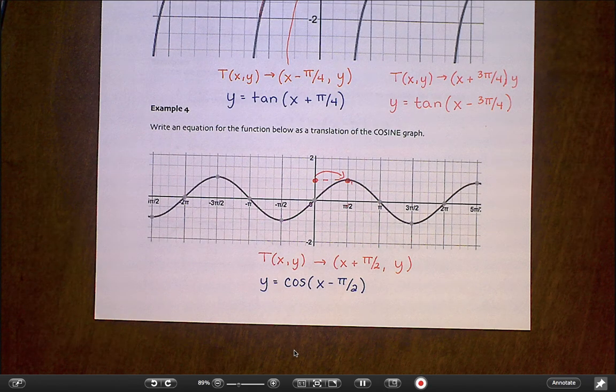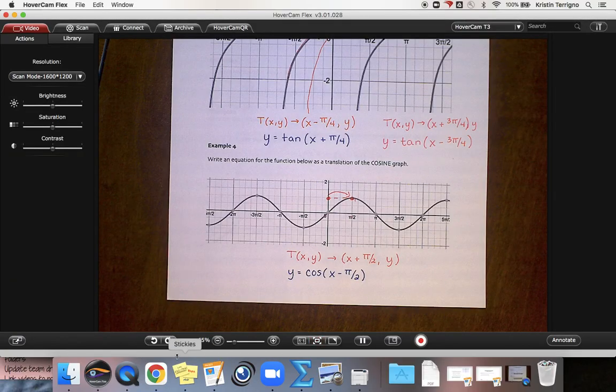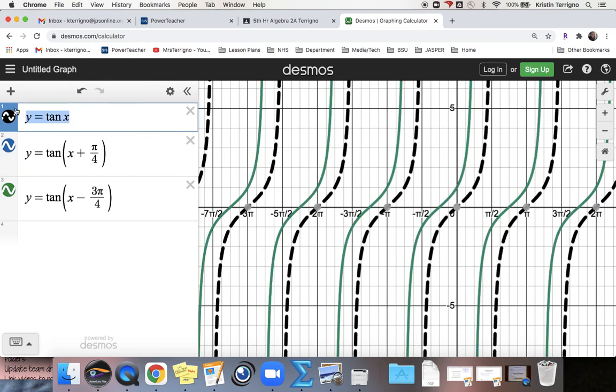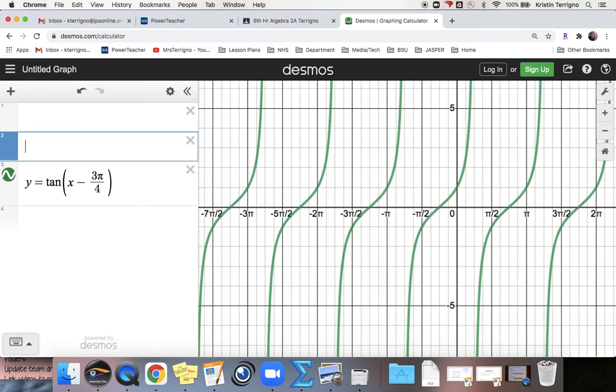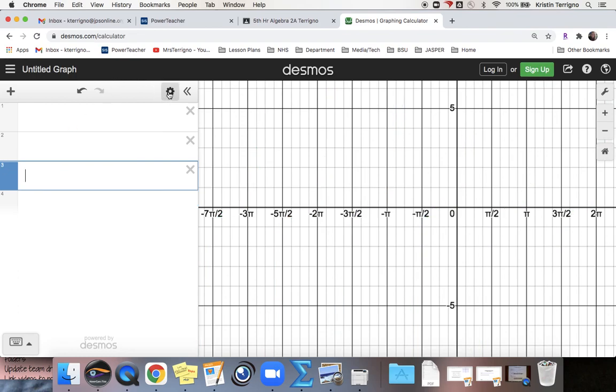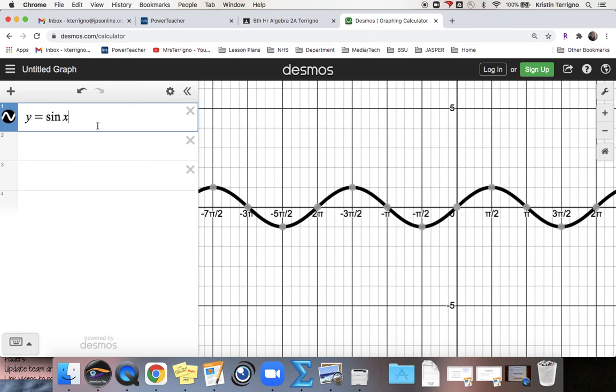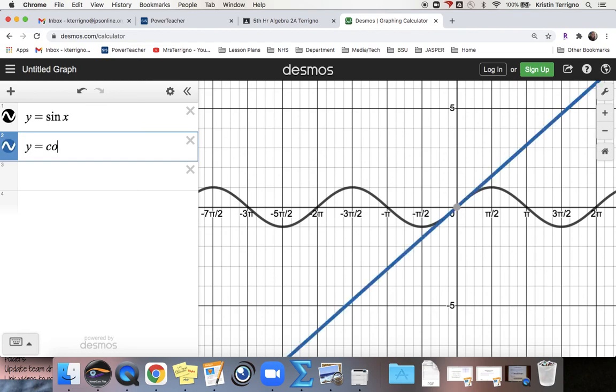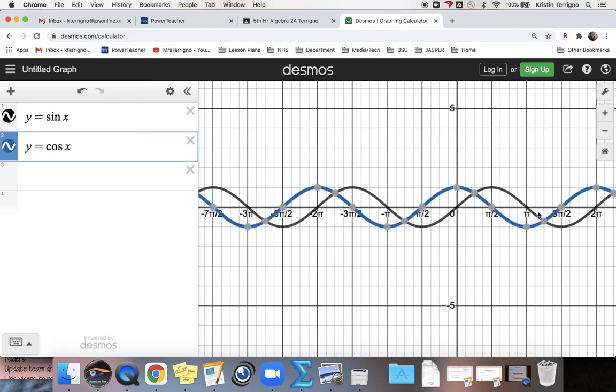So let me convince you of that using Desmos here for a second. Get rid of all our ugly tangents. Let me give you the sine function. Let me give you the cosine function. So what I just did is I wrote an equation for the black function by translating the blue function. I took this point here and I dragged it over to here, by a distance of pi over 2.